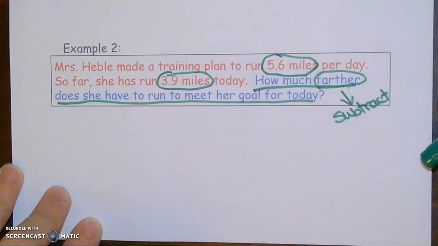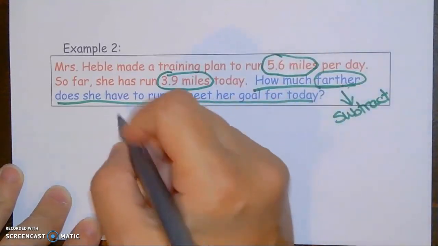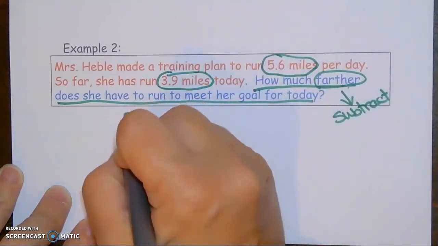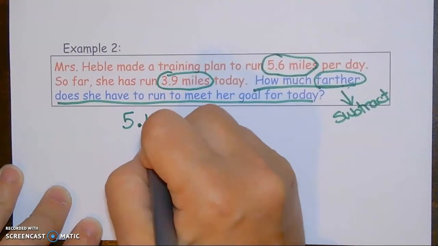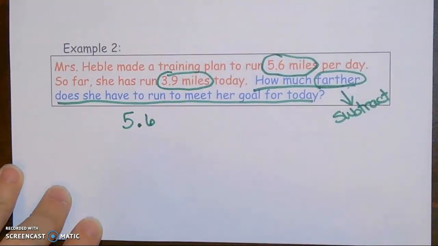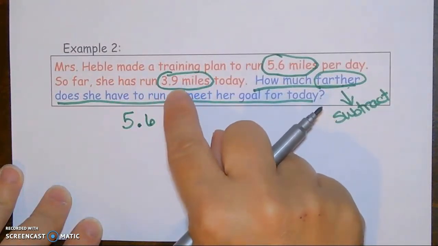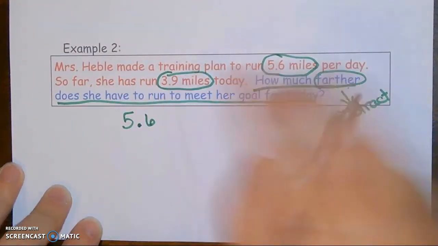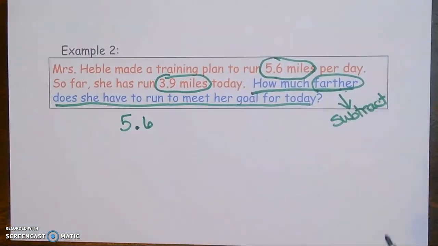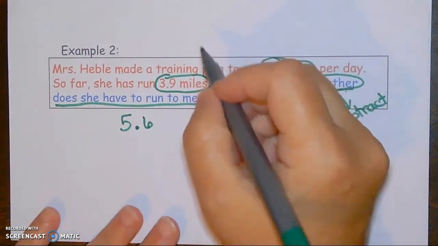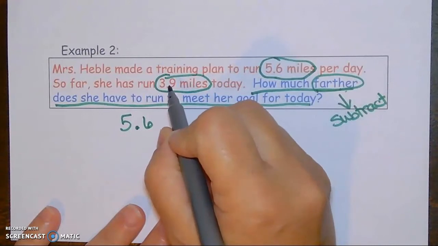So I'll give you a minute to write 5.6. We're going to start with 5.6 or 5 6/10. So let's write 5 6/10. Okay. Now, just like in our first example, we've got to place, all right, so bring down your 3 9/10.